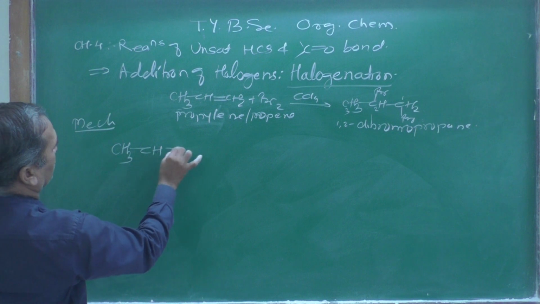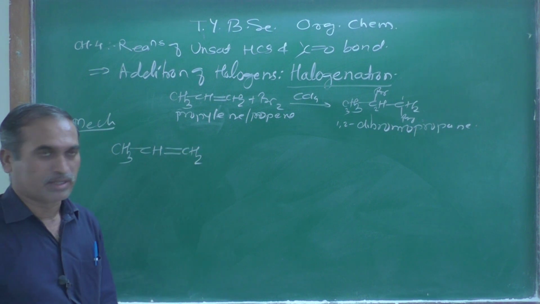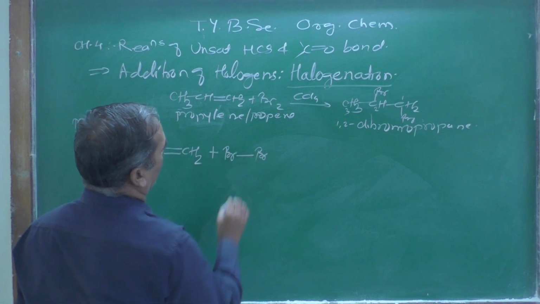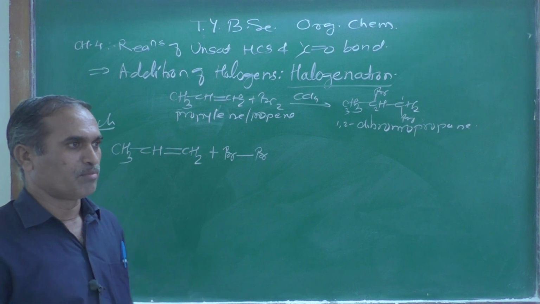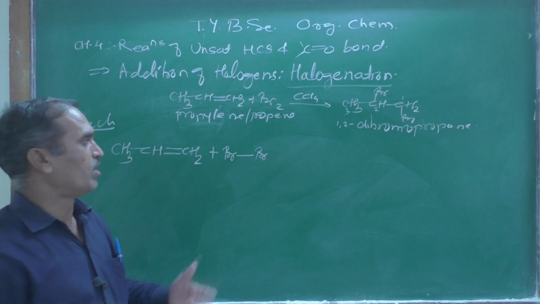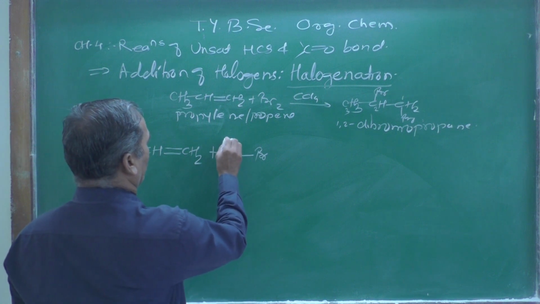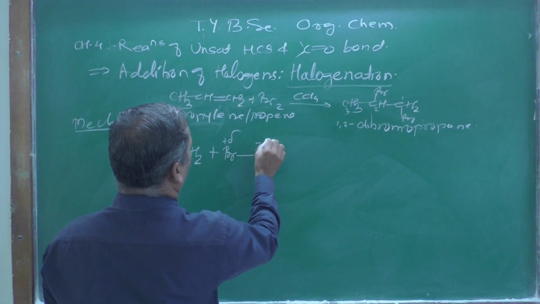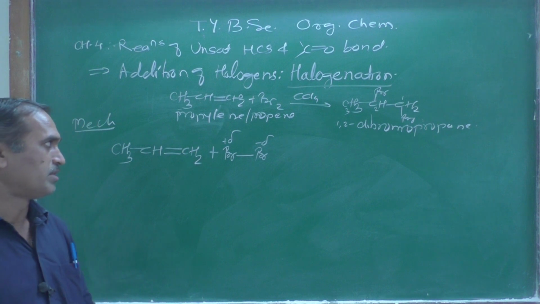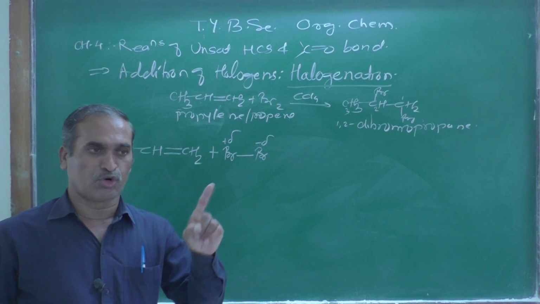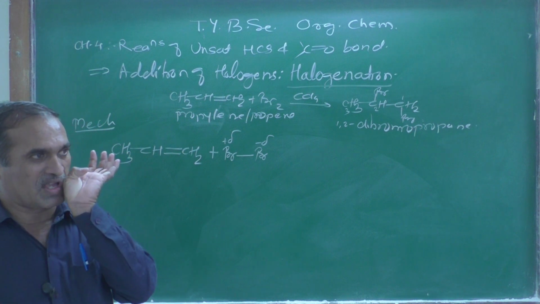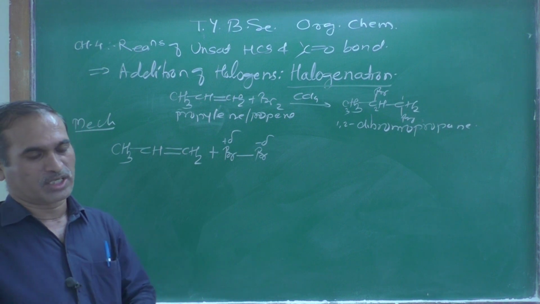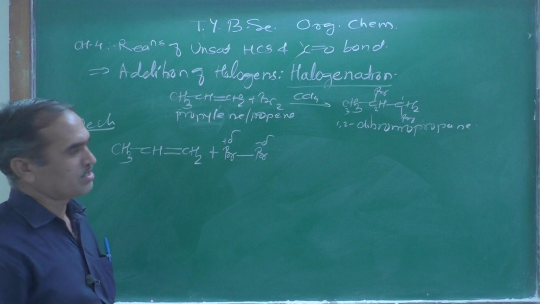Now the bromine atoms Br and Br: when they come close, one may get a partial positive charge and the other a partial negative charge. This type of behavior is shown by halogen atoms, maybe interhalogen compounds too, and that's why they can show positive as well as negative charges.